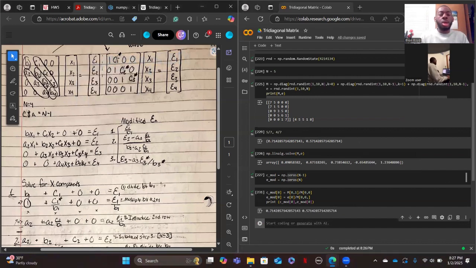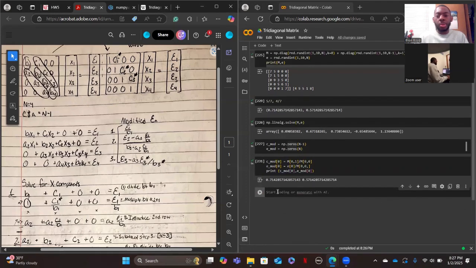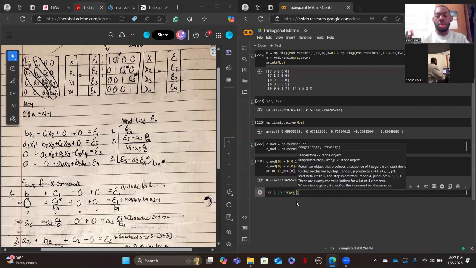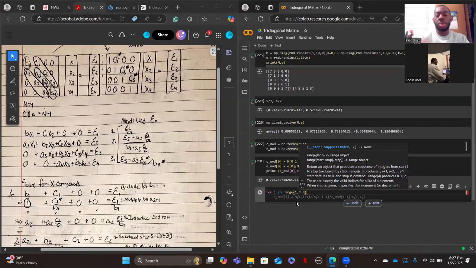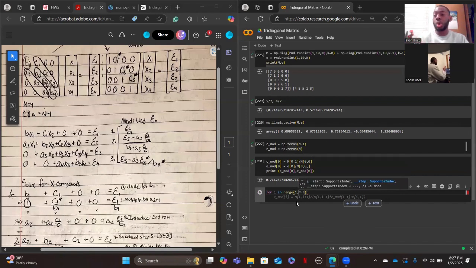Okay. Next, what we want to capture now is our rows 2 through 4, which we know. So we can do a for loop for this because it runs for 3 iterations. So we'll do for I in range, and we want to start with 1, because we know we start with the second row, and in Python, 0 is our first position.